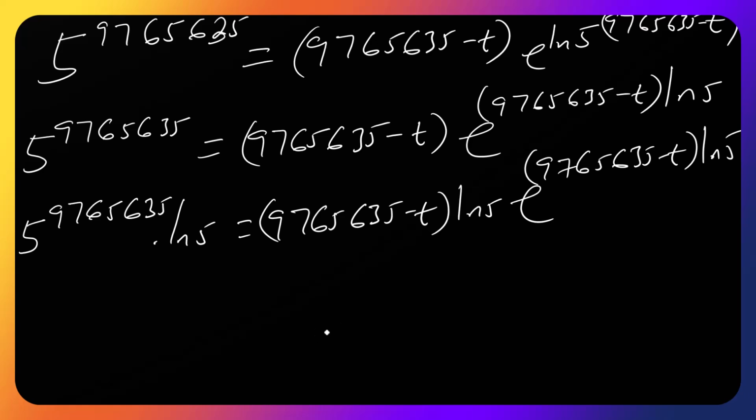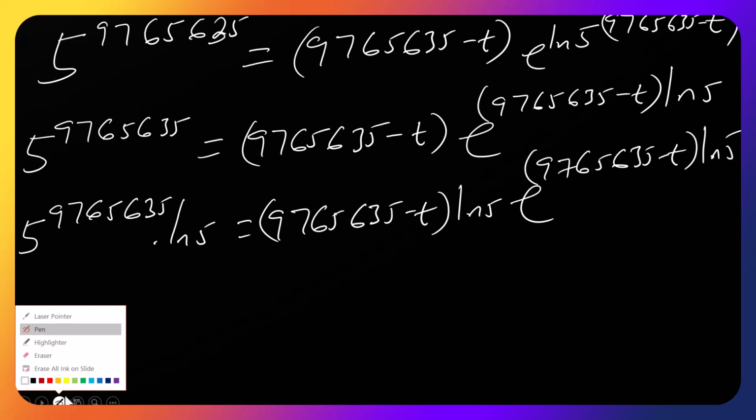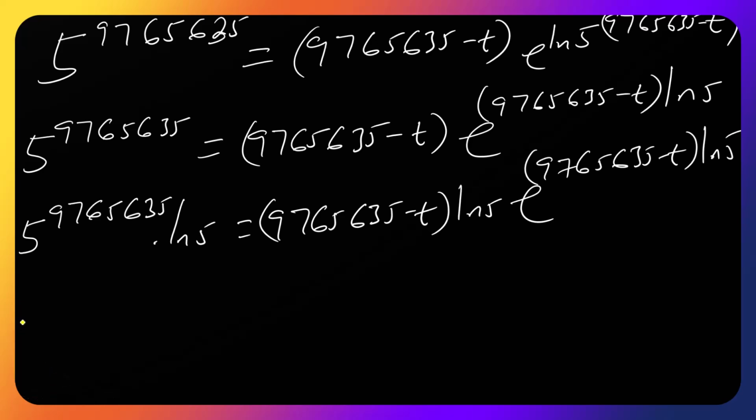Okay, so from here our target is met now, so we can proceed with the W function. So let's take W function of this, 9765635 minus t ln of 5.